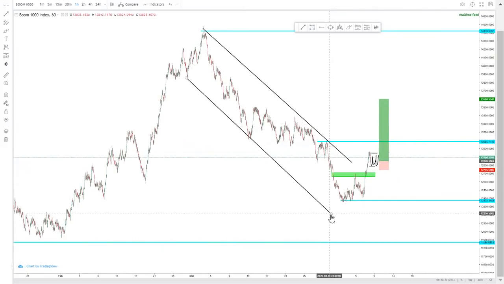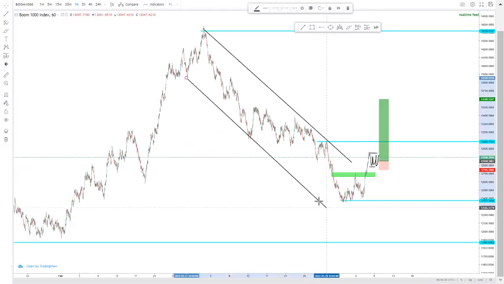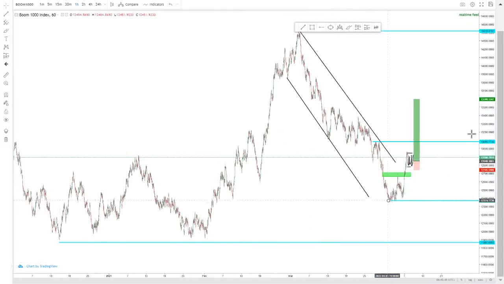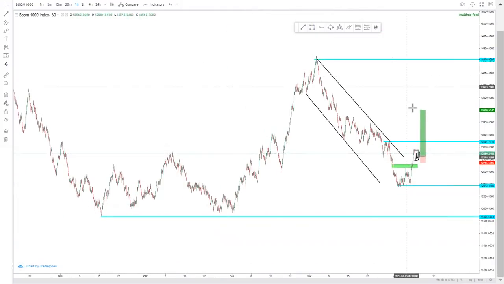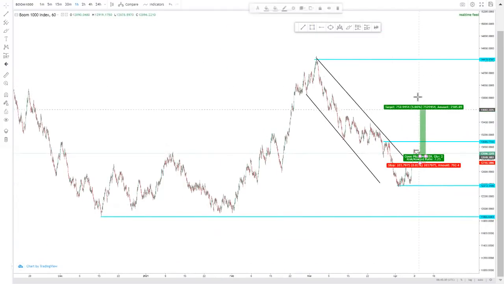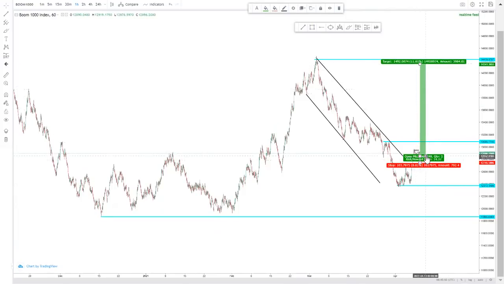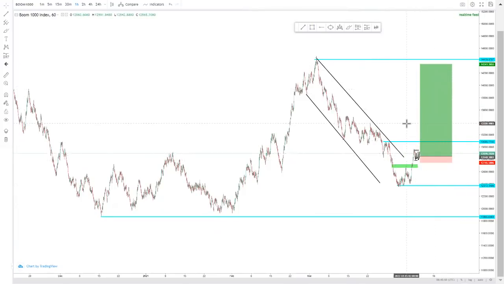Even if I were to reduce this line, it still makes sense, because we have to go to the target. And don't forget the target is that one. We might not even reach it now, but this is just for future analysis. Because the same thing happened at the time we were here.